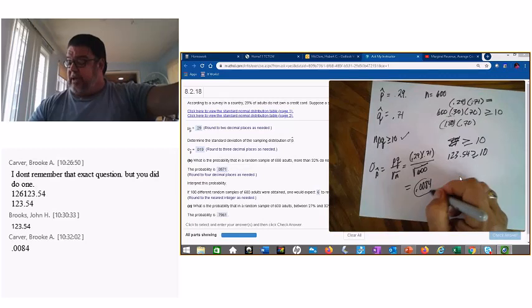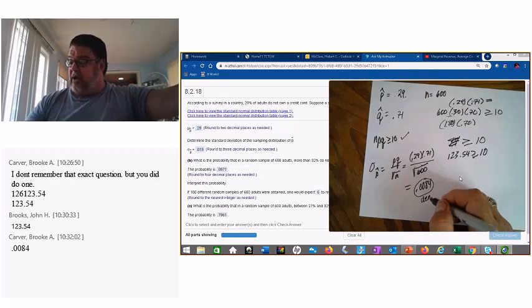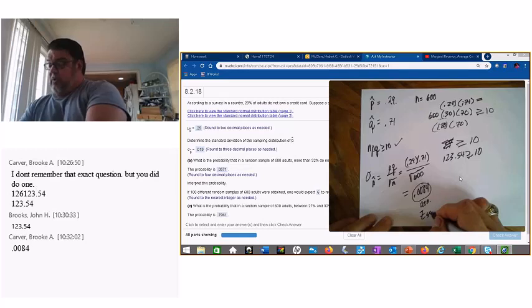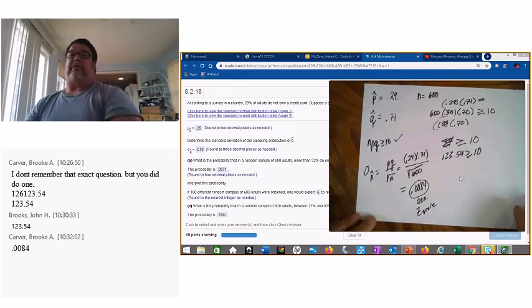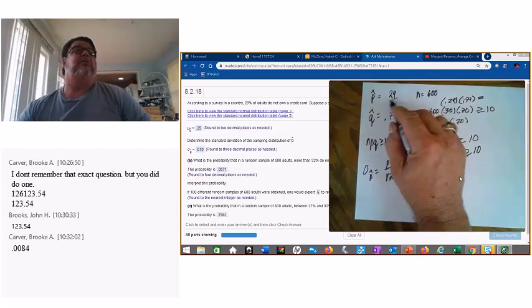That's your denominator for your new z-score in the next part B. Okay, so write that down as your denominator for your z-score.